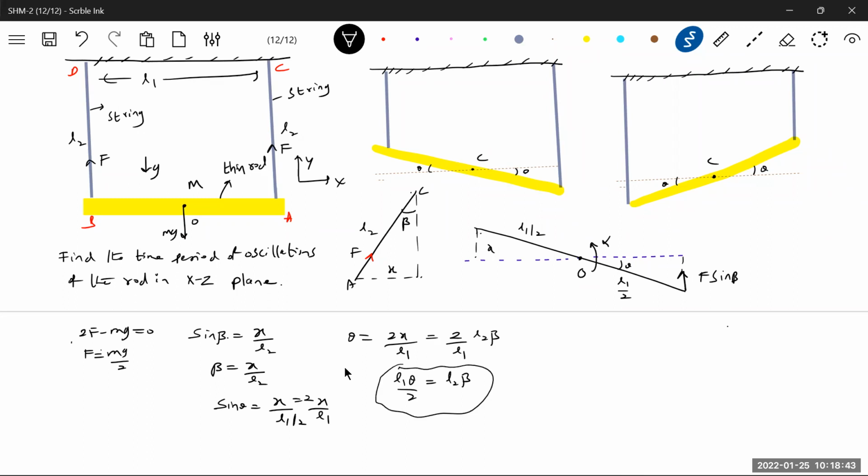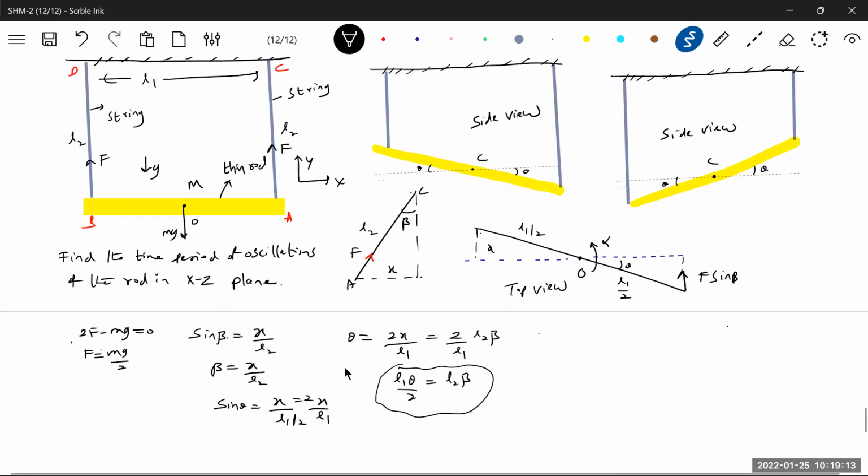Let's write the torque equation. We'll set up the restoring torque from this particular force only, and that force will act at both ends of the rod, a component of tension: F sine beta, here also F sine beta. This is the top view, and these are the side view. Let's write the torque equation.